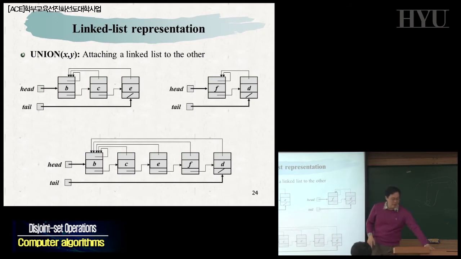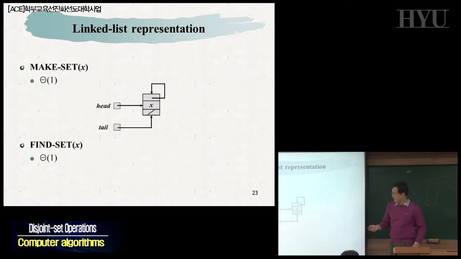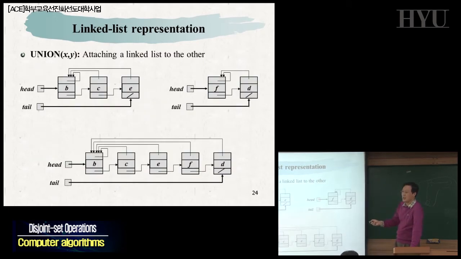We remove this head and this tail, and then we have to connect E and F. So this is null, but after the union, this points to this node. Then the two are connected.